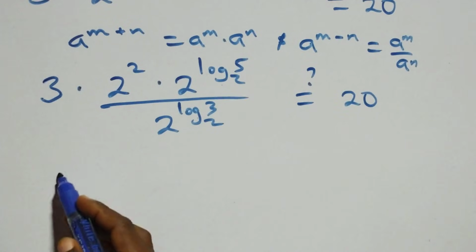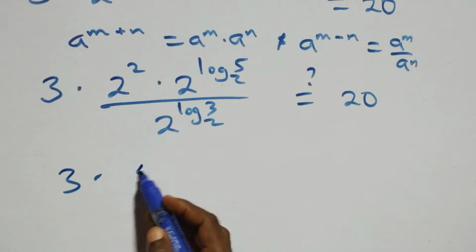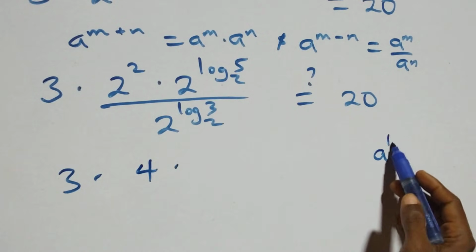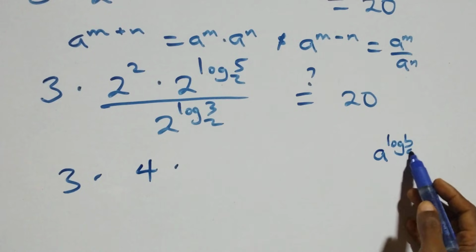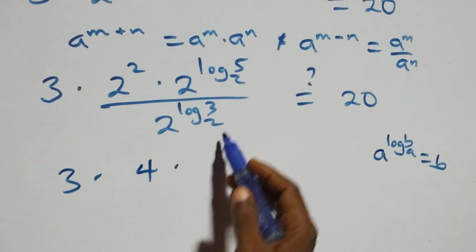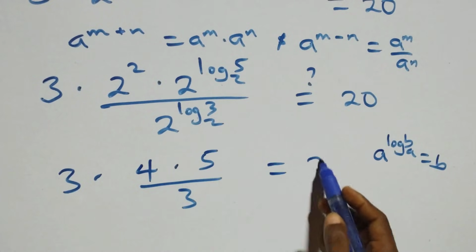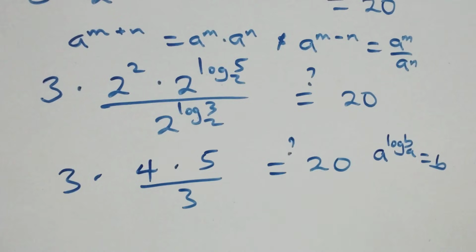Then this becomes 3 times 2 squared, that's 4, and times, this follows when we have a raised to power log b to base a, which is equal to b, so here we have 5 over 3, equals 20 on this side.